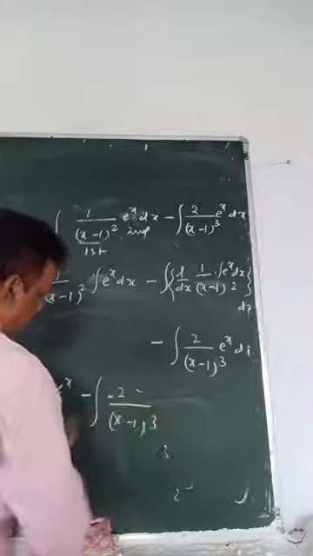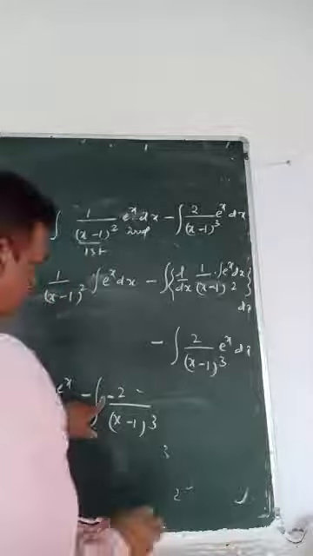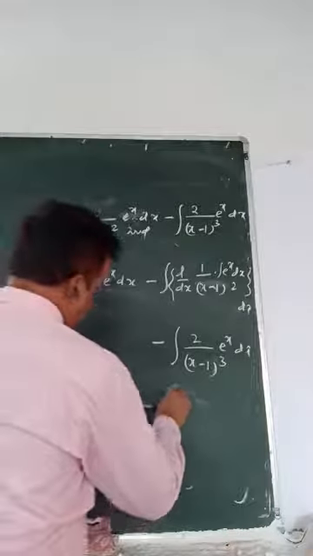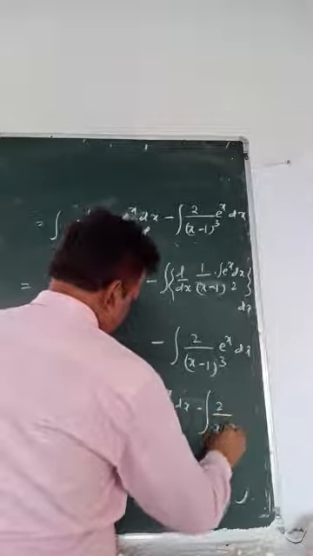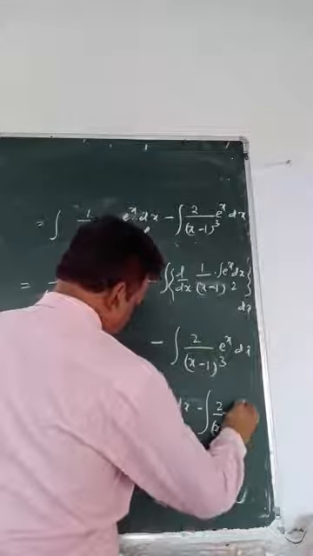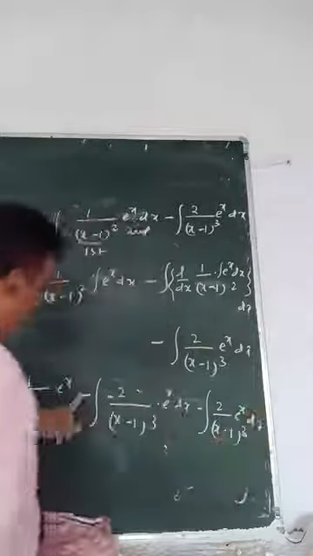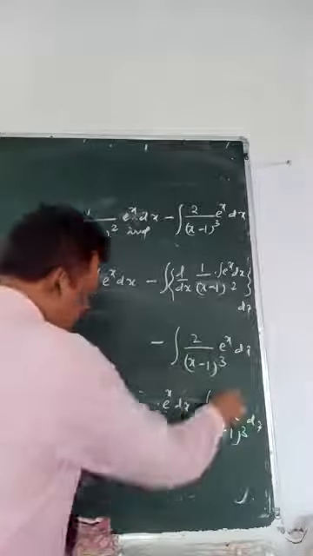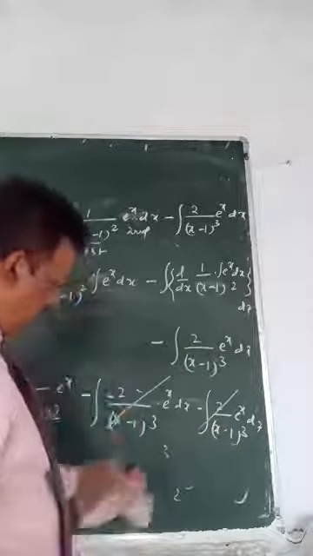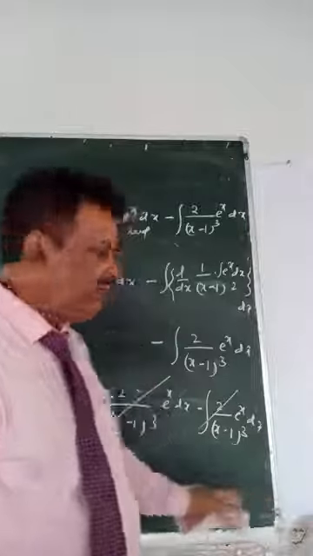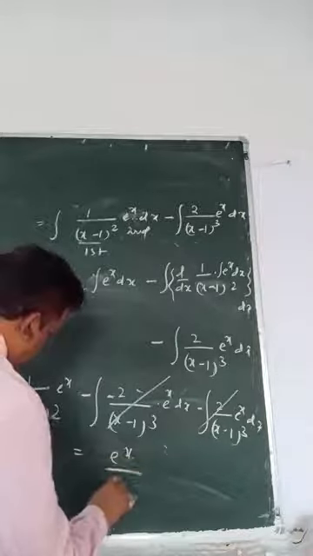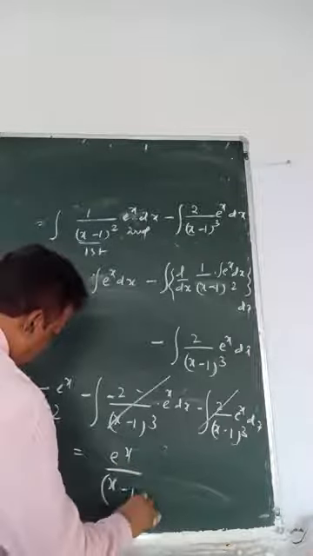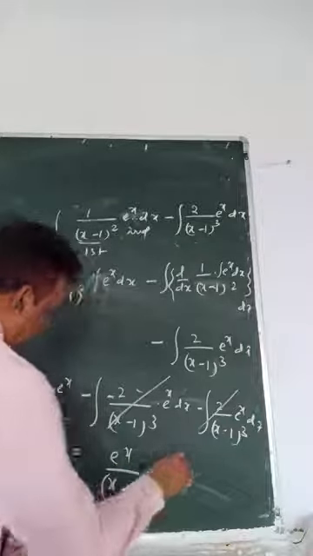This is minus 2 because I got minus 2 that time. e to the power x dx. Look here, minus minus will be plus, with this minus here cancel. So the technique is you have to create the derivative. So the result is e to the power x by x minus 1 whole square plus c.